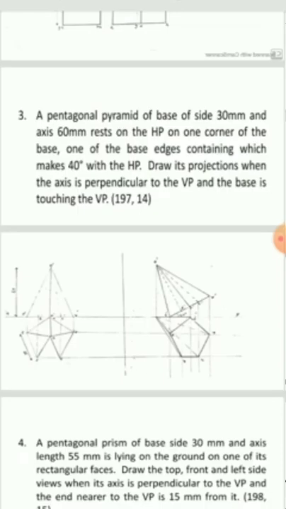Third question: it's a pentagonal pyramid with base sides of 30 mm, and its axis length is 60 mm. We draw the XY imaginary line and keep the pentagonal pyramid on its base on HP.